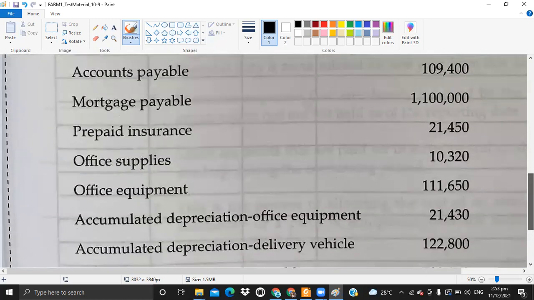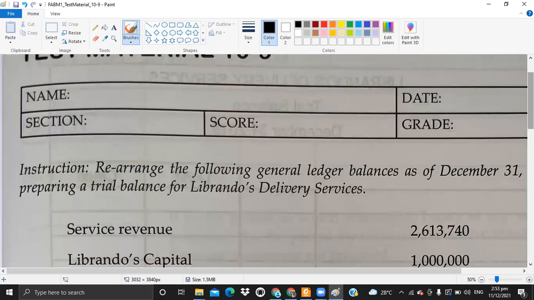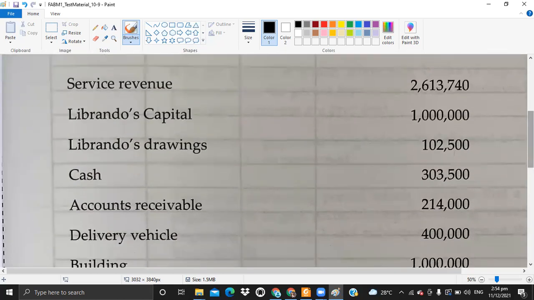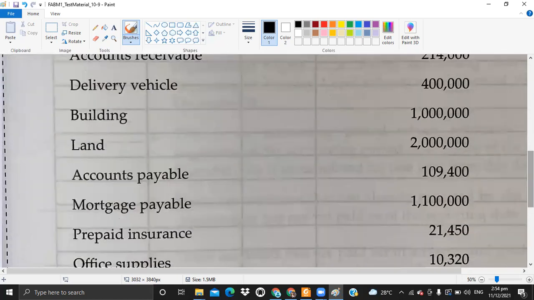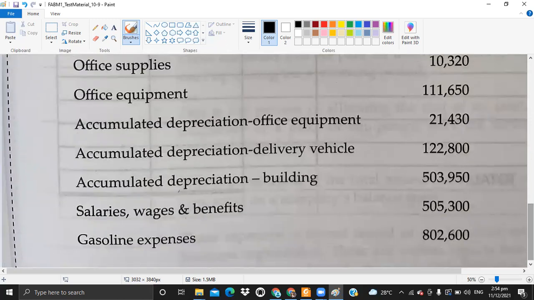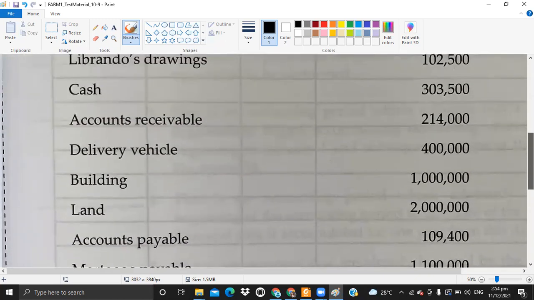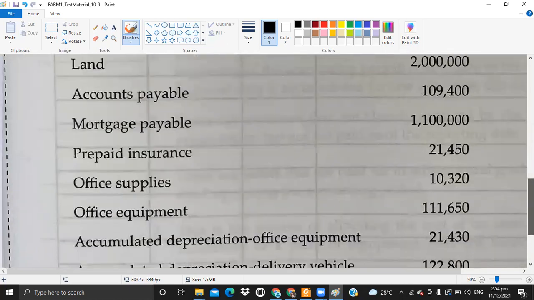Like the balance sheet or the financial position. Okay, just arrange it. But the catch here is that our assets must balance. That is your indication that you are correct, when our assets balance with the sum of our liabilities and equities.